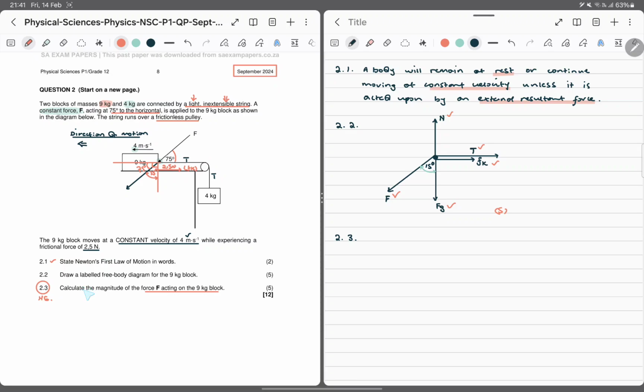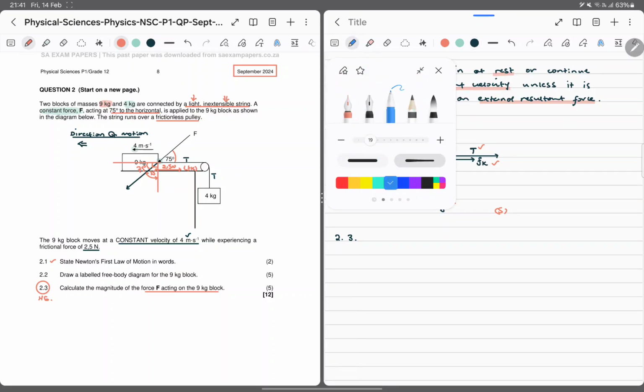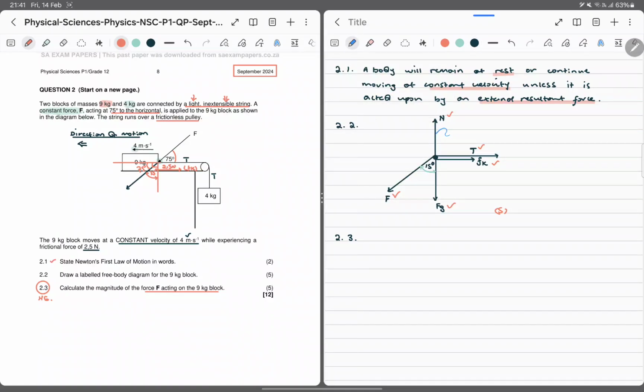Now, for us to calculate this, remember the vertical forces. Now you're not going to write this in the exam. So if this object is not going down and it's also not being lifted off, this force balances the vertical forces. But remember, this is acting at an angle. So these two are not equal.